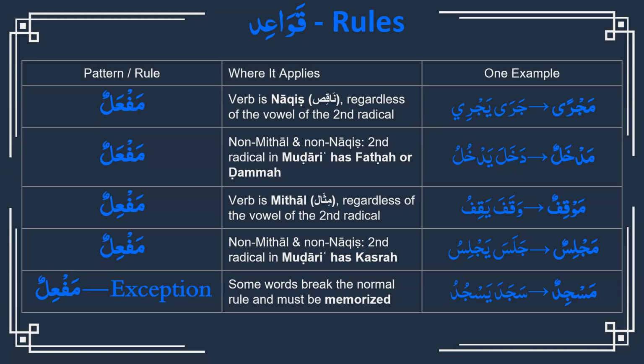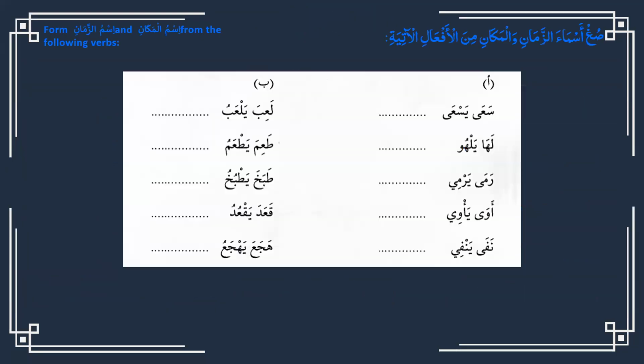On the next page, you will see different verbs that you have to convert into Ismal Makan was Zaman. First you translate the verbs and then convert them. Here's the page. On the right side on top, we have 3 words: Sa'a yas'a, Laha yalhu, Rama yarmi. Sister Naila will do these.